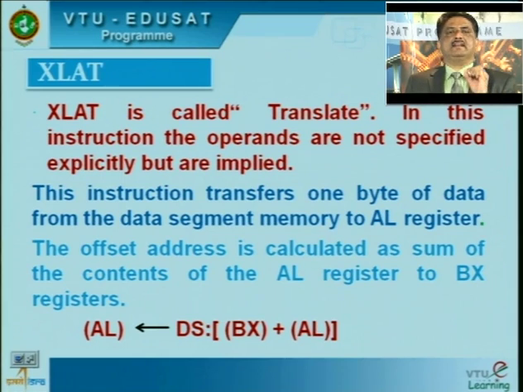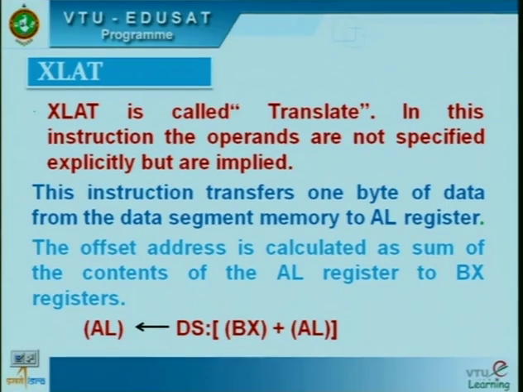We can create an ASCII table in the data segment and load the starting address of that table in BX, and before using the XLAT instruction, load AL with the value to be converted. So if AL has 3, after execution of this instruction AL will have 33, where 33 is the ASCII value for 3. For such kind of translation, we use XLAT, a very important, peculiar and special instruction in the 8086 instruction set.